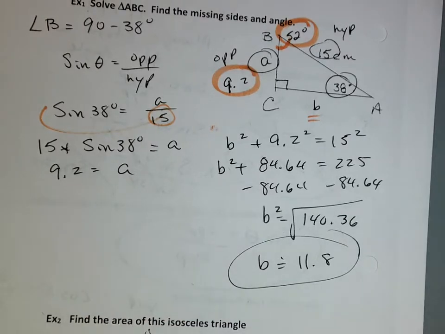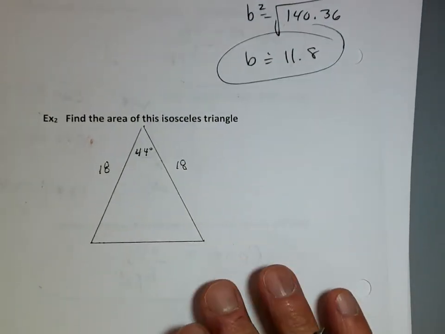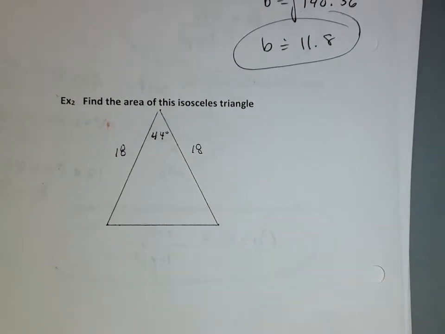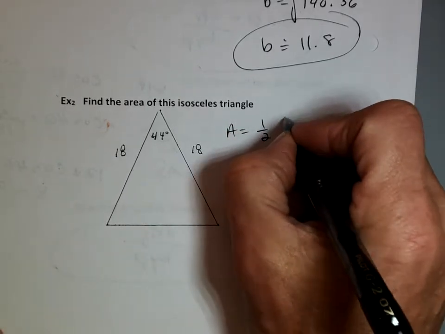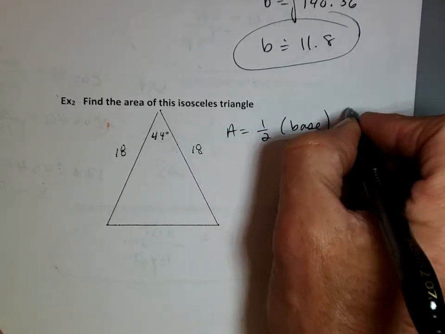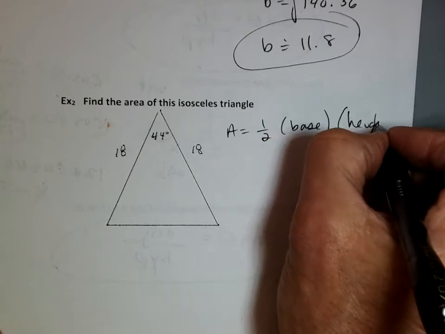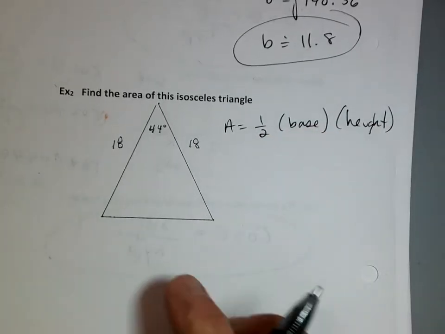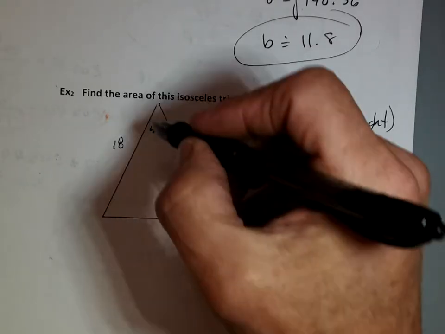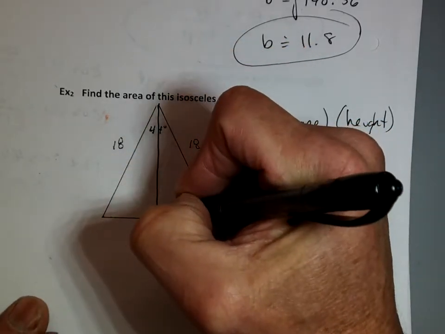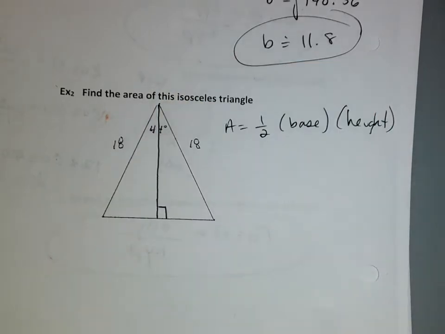Now, last but not least, number 2: find the area of this isosceles triangle. We know the area of a triangle is equal to 1/2 base times height. I don't know my base, and I don't know my height. But what I will do is draw it straight down the middle and make a right triangle out of it.